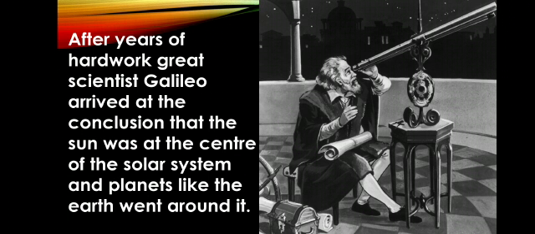After years of hard work, great scientists like Galileo arrived at the conclusion that the sun was the center of the solar system and planets like the earth went around it.